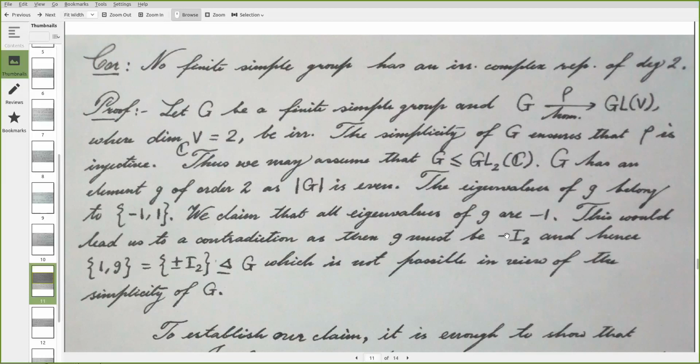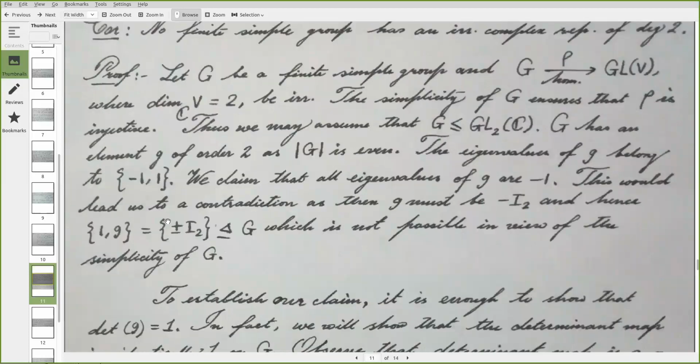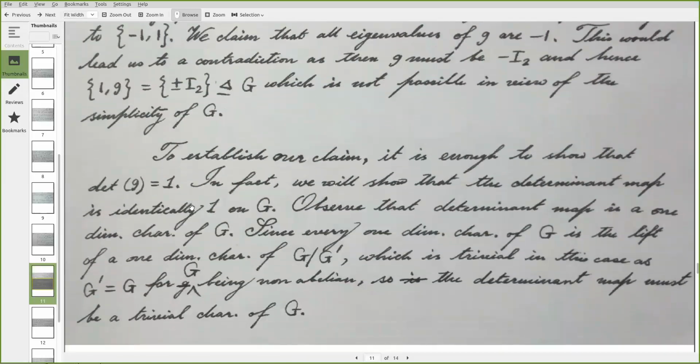That's a serious problem, because then the subgroup {identity, minus identity} is a normal subgroup of G, since you can immediately see that identity and minus identity are both in the center. This challenges the simplicity of G. So modulo this claim that all eigenvalues of g are minus 1, the corollary is established. Now let's see how to settle this claim.